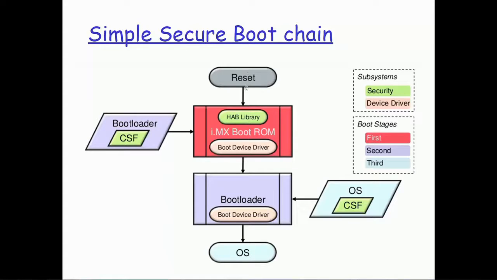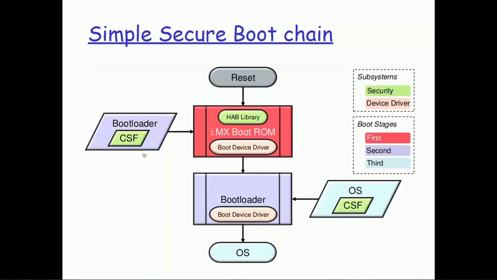So, on a power on reset, the HAB library, if it is configured, is going to come into play. The bootloader image on whatever media I have configured my boot mode register to is expected to come in.